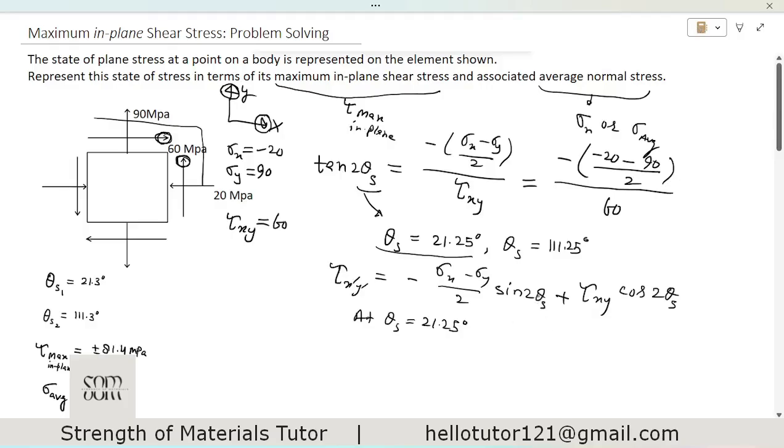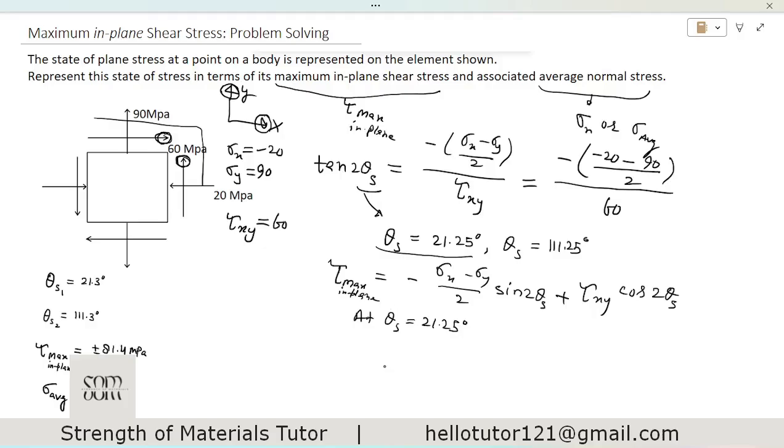Because we use the angle theta s, it means we are finding the shear stress at theta s, and theta s is the location of the maximum shear stress plane, so this is going to be tau max in plane. So at theta s, let me put this in the formula.